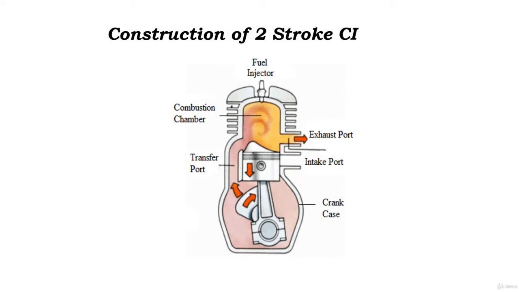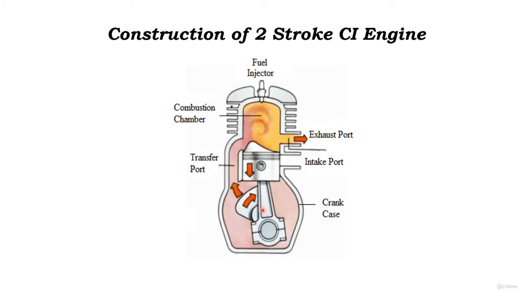Coming to the construction of the two-stroke CI engine or the diesel engine. This is the cylinder provided with a cylinder head, and on the cylinder head the fuel injector is placed. On one side of the cylinder you can see the inlet port and the exhaust port, while on the other side of the cylinder you can see the transfer port.